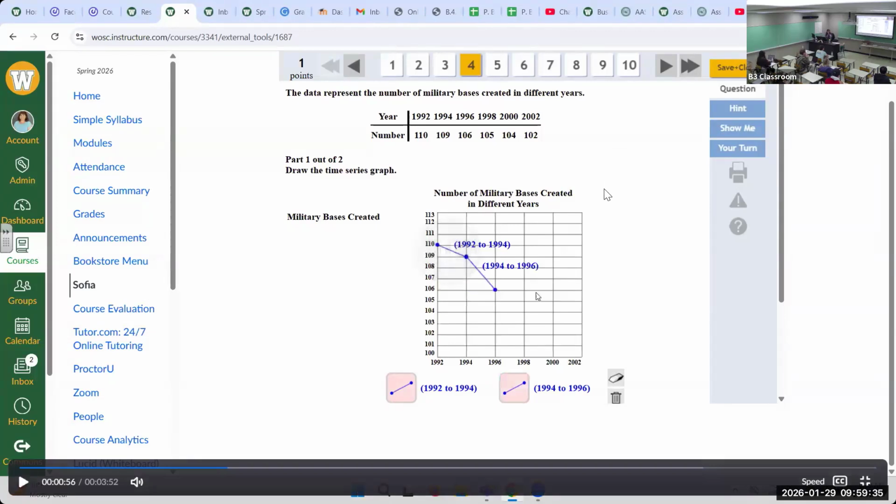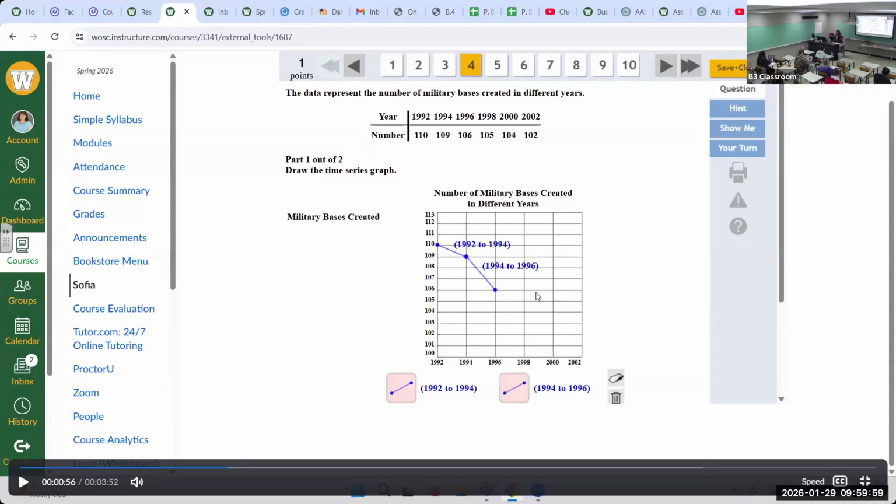Okay, I'm going to stop it. So when you're looking at the year, you see it on the x-axis right there. And when you're looking at the number, which is a little bit like the frequency per se, you see it on the vertical axis. And the actual points are exactly on the intersection of the year and the number.